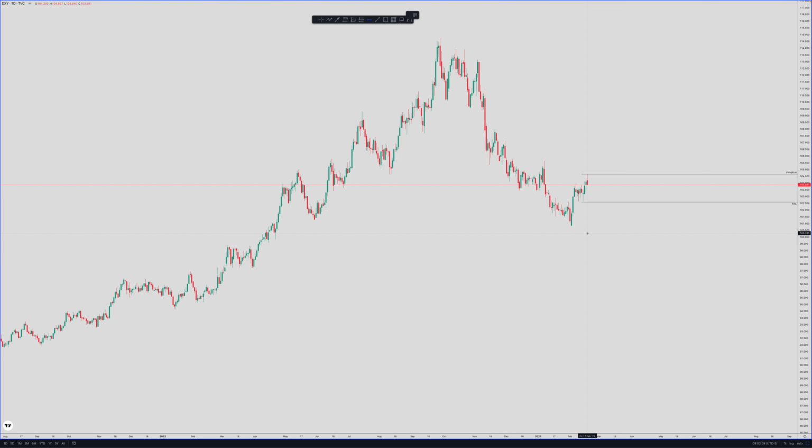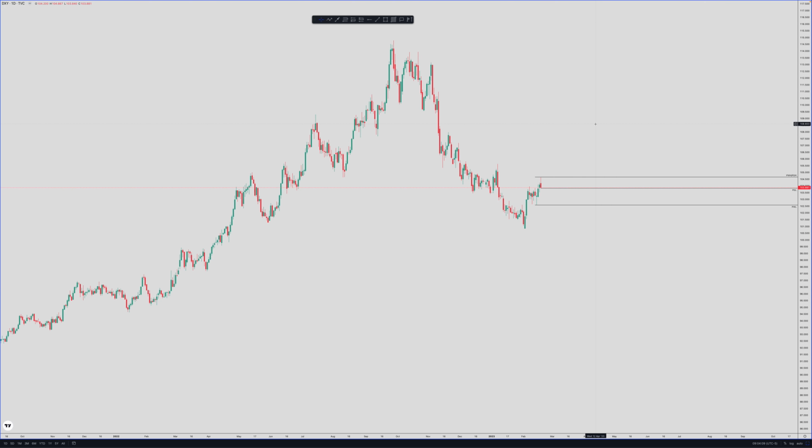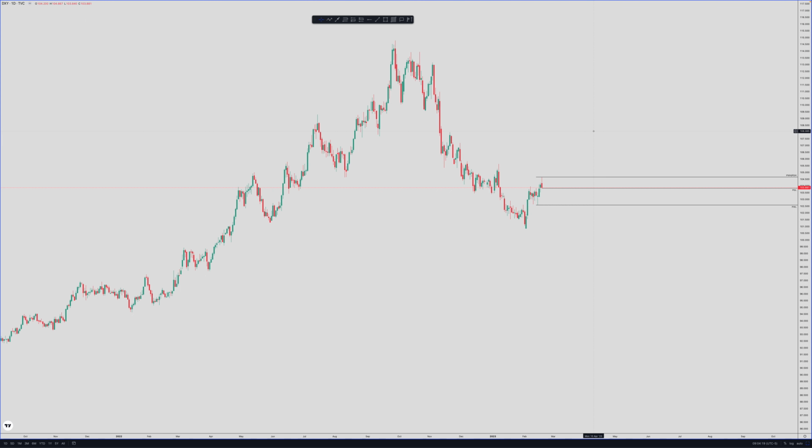Separately I'll add previous daily low. And those are the main liquidity points you can look out for as proper key higher time frame liquidity points.